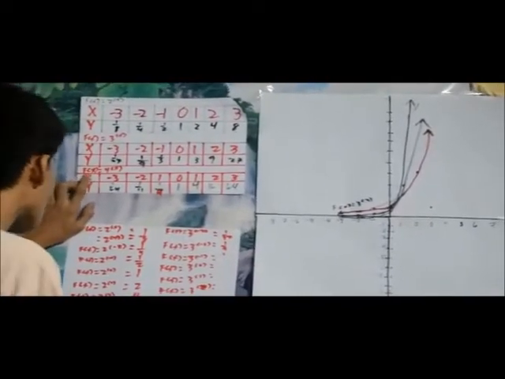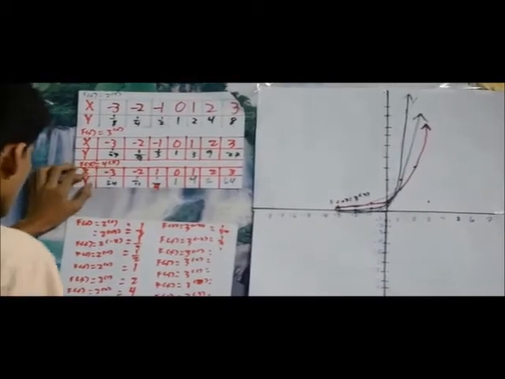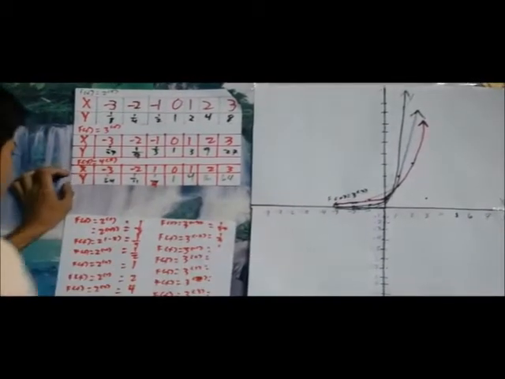The third problem is f of x is equal to 4 raised to x. Let x be equal to the values of x.